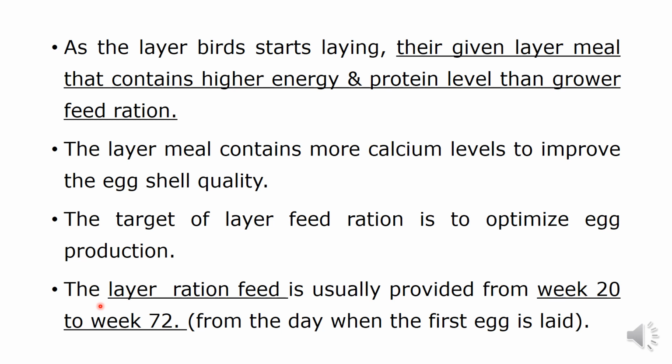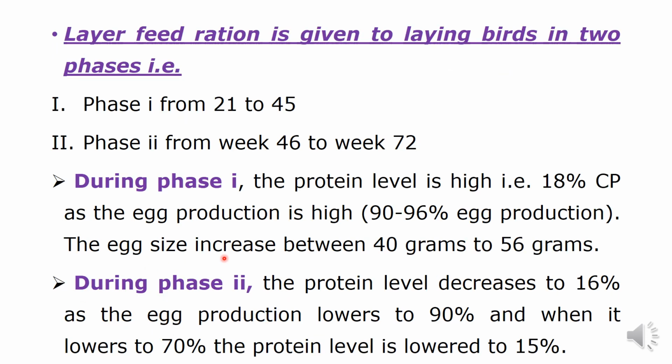Once the egg production starts, we increase the calcium levels, then we feed these birds according to what we call phase feeding, and we have two phases. Phase one starts from the day we receive the first egg to week 45, and phase two starts from week 46 to week 72.